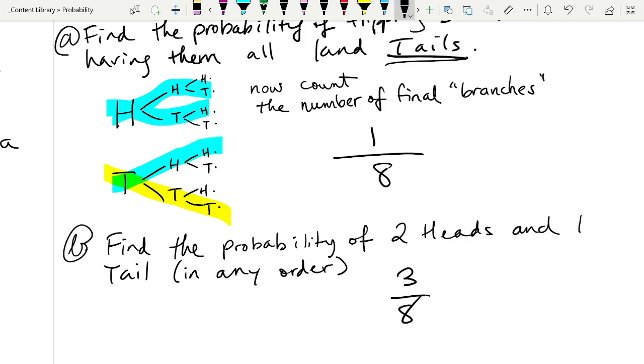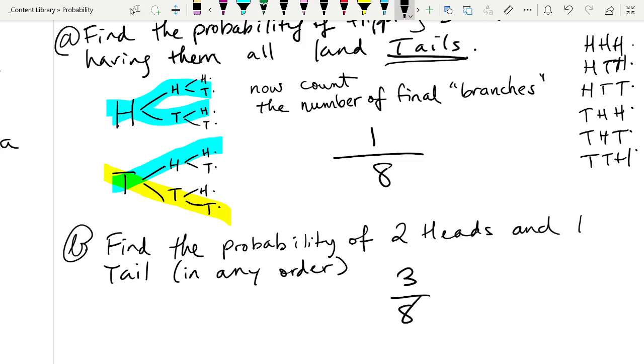And you might be thinking, I could have just done this by counting all the possibilities. I could get heads, heads, heads. Heads, tails, heads. Heads, tails, tails. Tails, heads, heads. Tails, heads, tails. Tails, tails, heads. 1, 2, 3, 4, 5, 6.